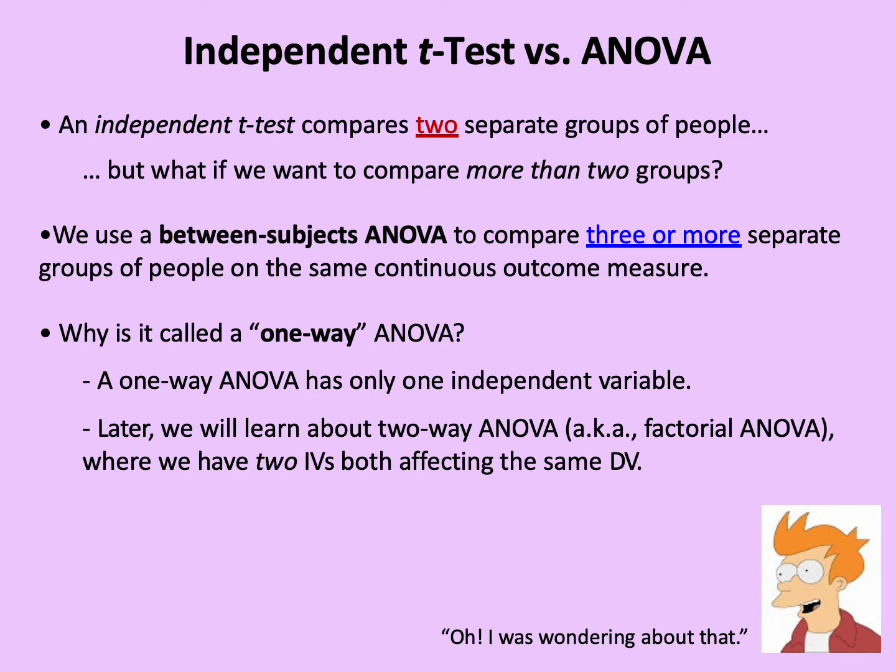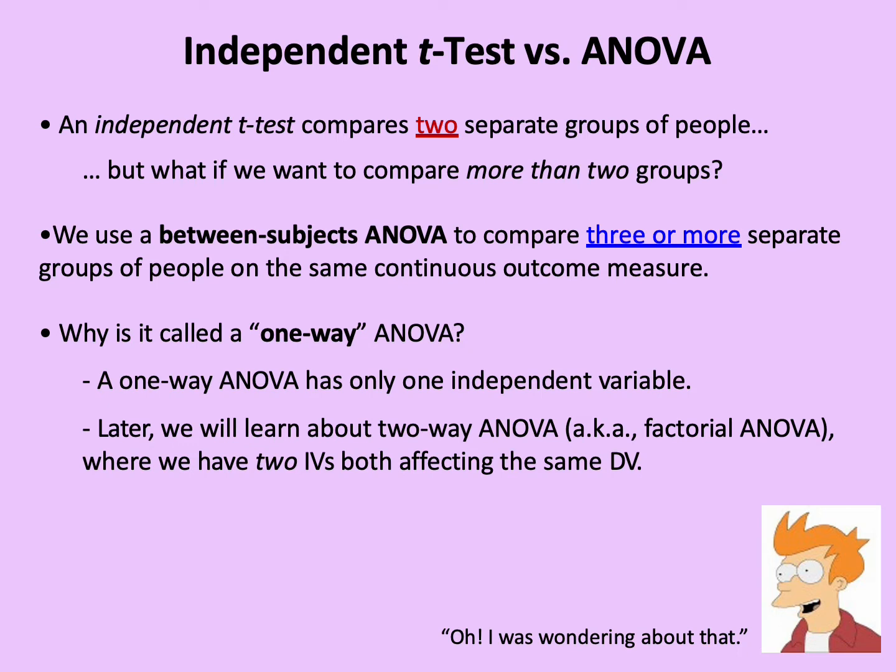And we would also conduct both when we have an independent variable that's categorical. So we have a continuous dependent variable and a categorical independent variable.